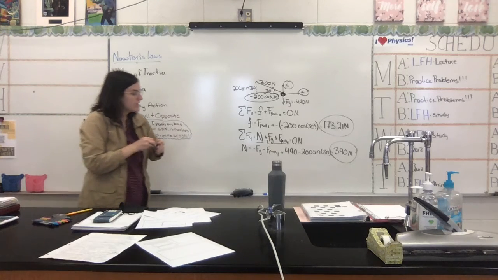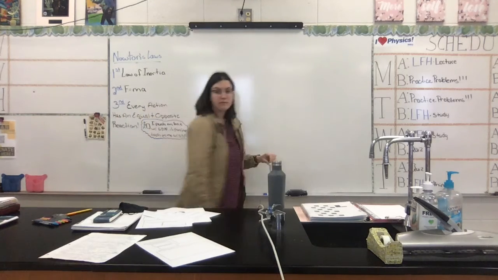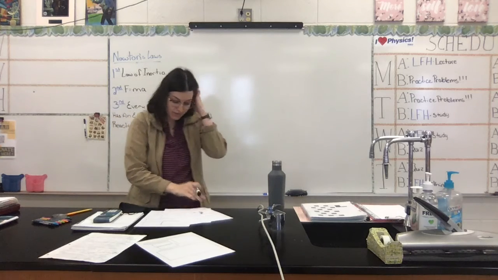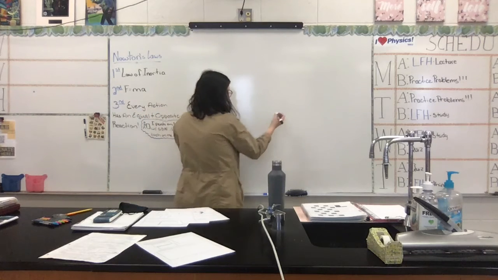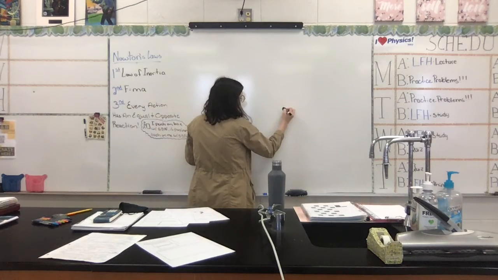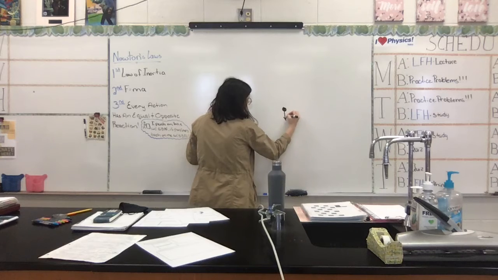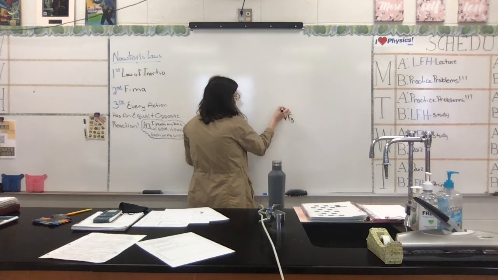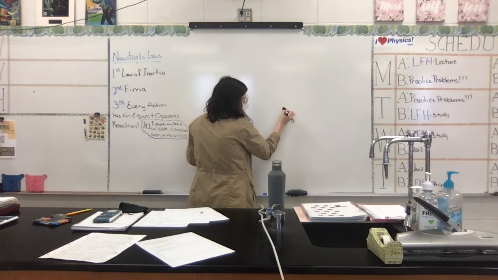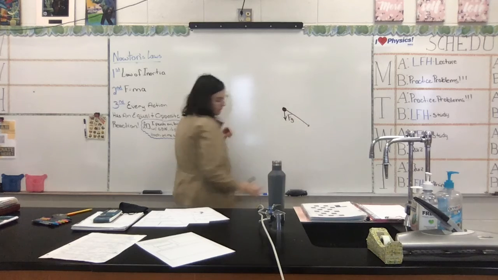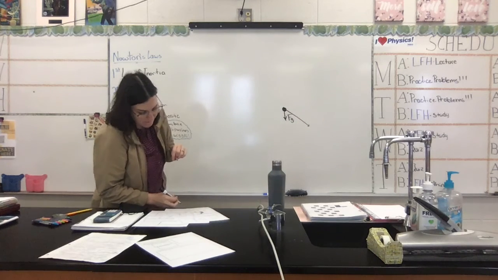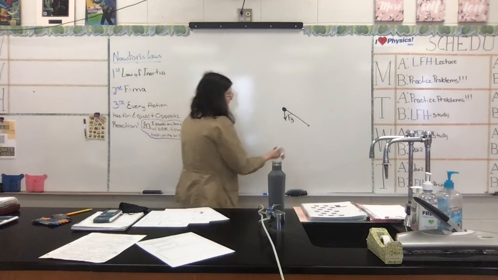Okay, so let's move on to number 8. Okay, number 8 says that a man pushes a 2-kilogram broom at constant speed across the floor. The broom handle makes a 50-degree angle with the floor, and he pushes with 5 newtons of force. So here is the broom that's 2 kilograms, and it says he's pushing on it at 50 degrees from the floor.